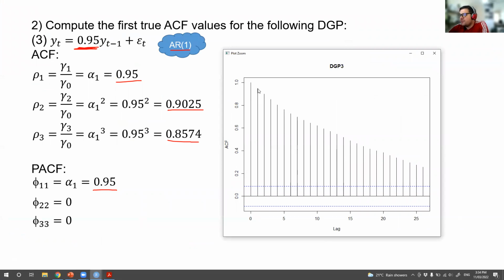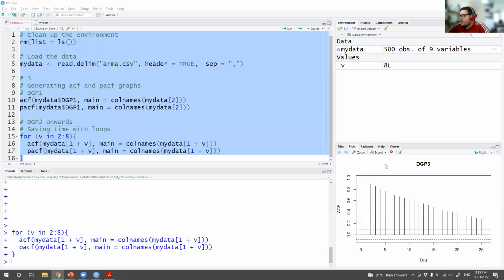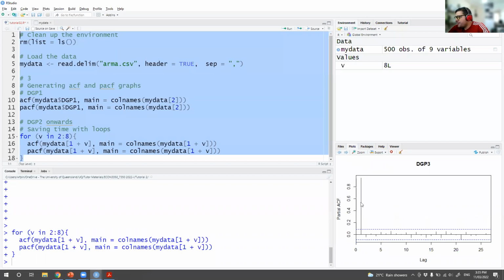It will start at 0.95, that's here, and it will decay very slowly until it will eventually reach 0. And now for the PACF, you notice how it starts at 0.95 and then goes straight to 0.